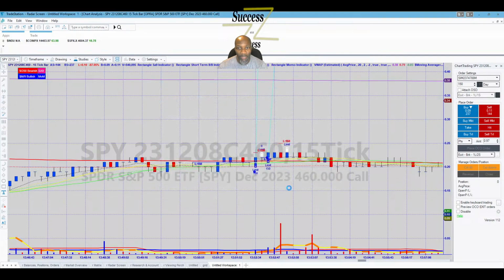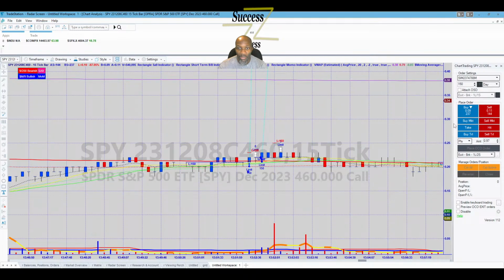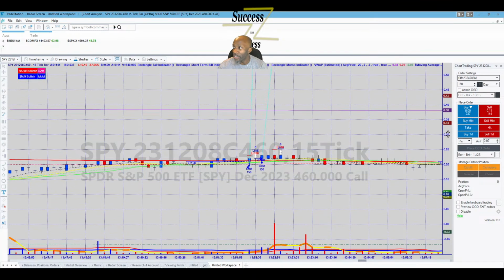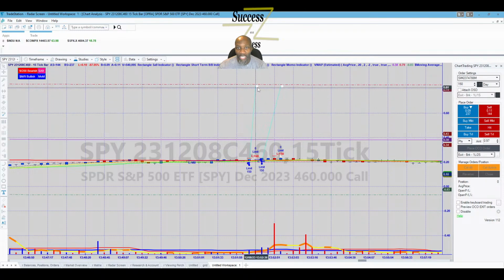But I had to reset my TradeStation platform today because it was acting funny, so I just went ahead and reset it. That has nothing to do with this, but I don't know if you can see this line here. There's a line going up here. That line is connected with this dot.